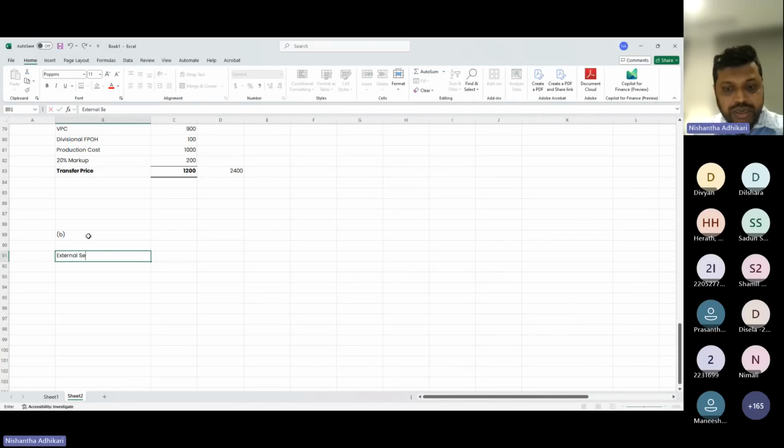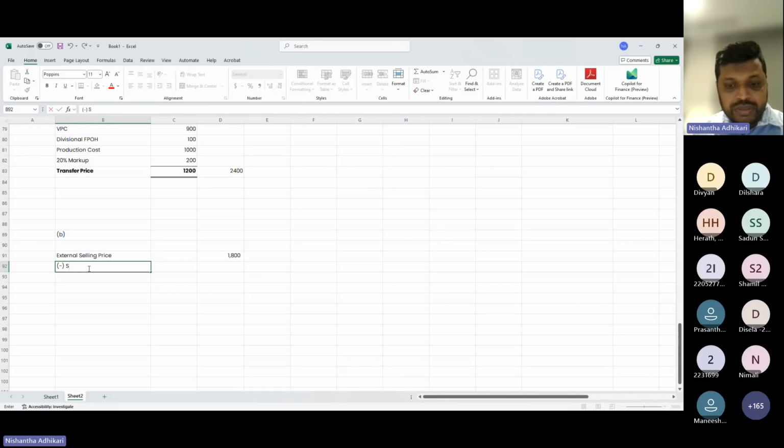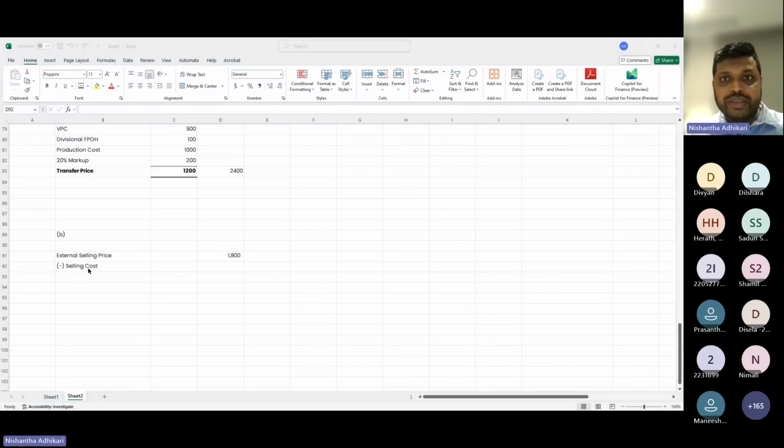External selling price. How much have they mentioned? 1,800. External selling price 1,800. But you are not getting the entire 1,800. You have to deduct the selling cost, because you will not incur any selling cost internally.